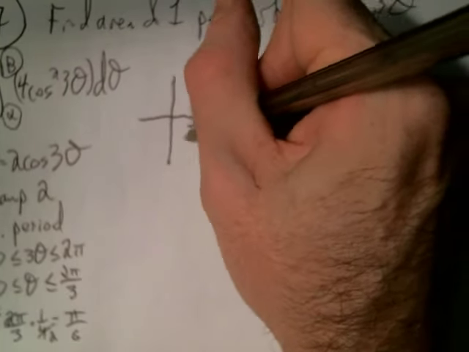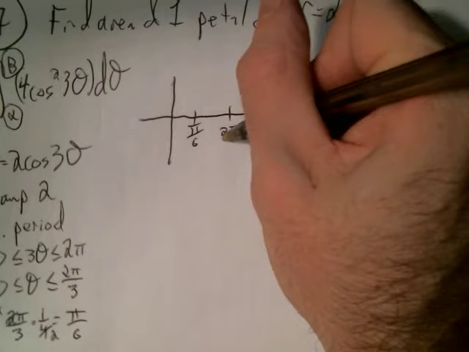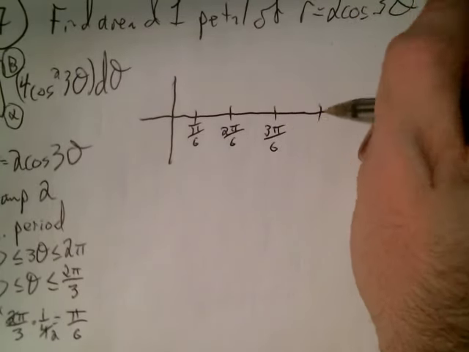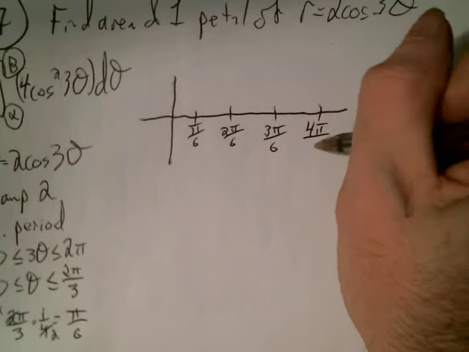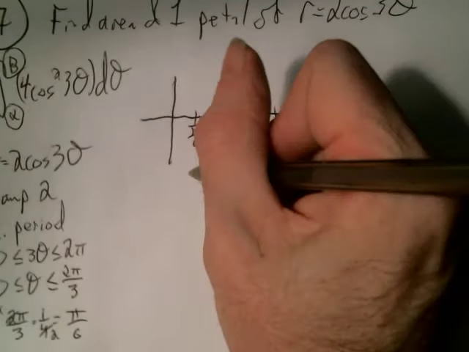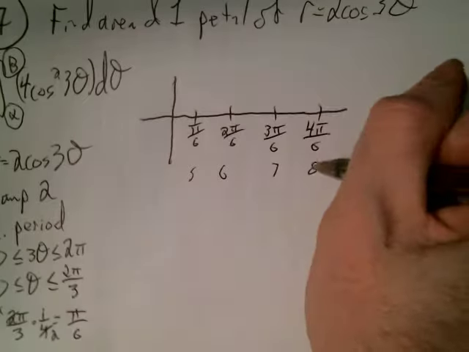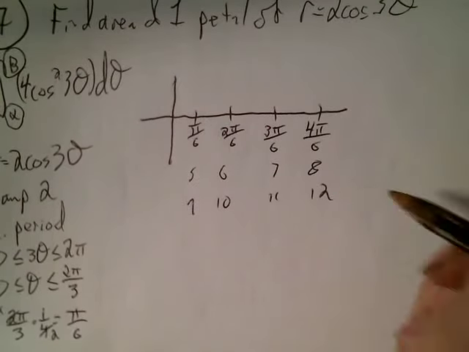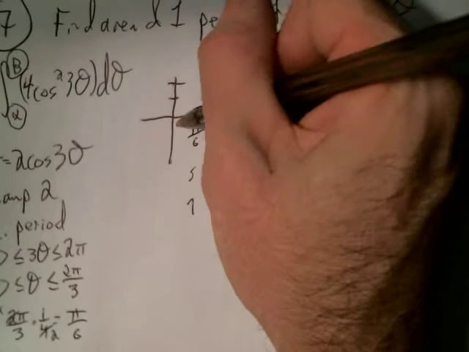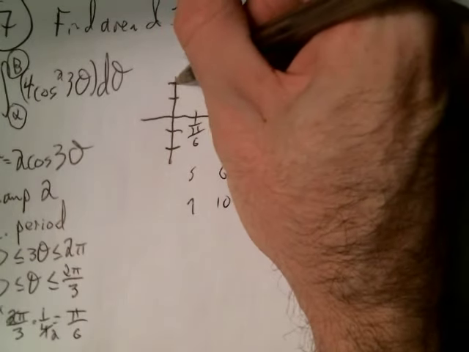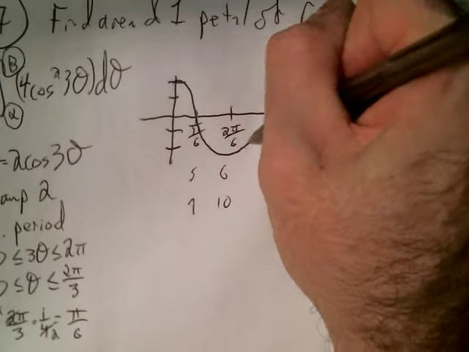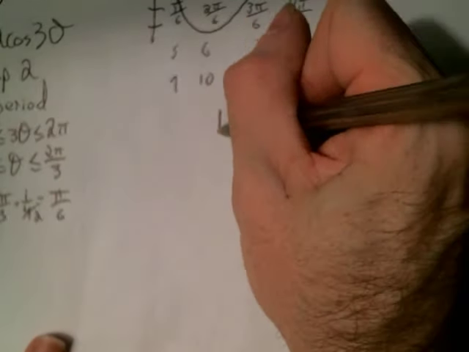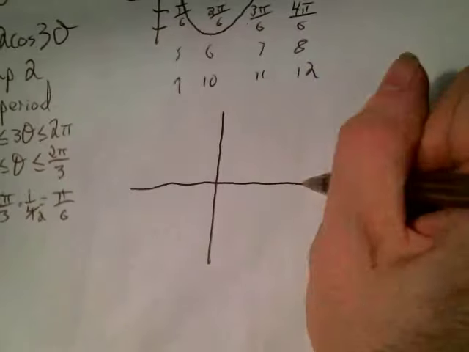So pi over 6, 2 pi over 6, 3 pi over 6, 4 pi over 6, and then if you need extra points, 5, 6, 7, 8 pi over 6, 9, 10, 11, 12 pi over 6. And of course we have an amplitude of 2. It's a cosine function, so it starts up and then goes down. So let's get the graph of this thing.